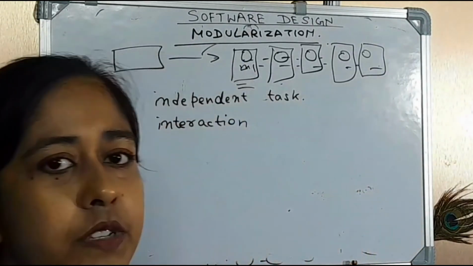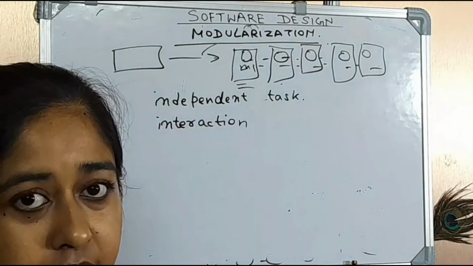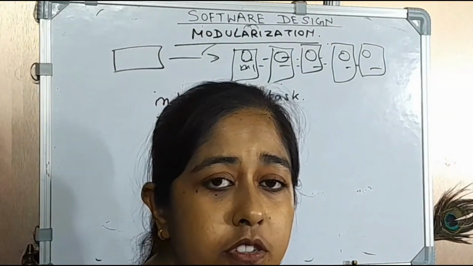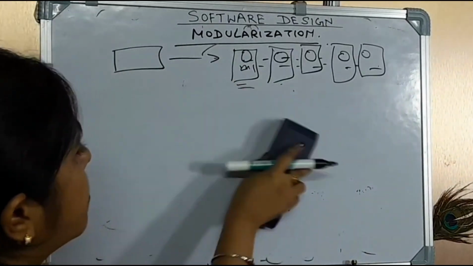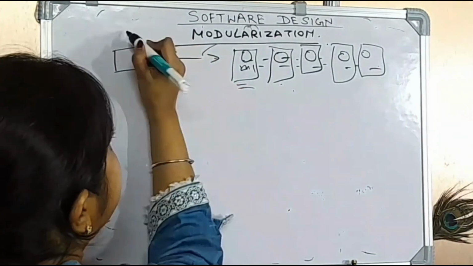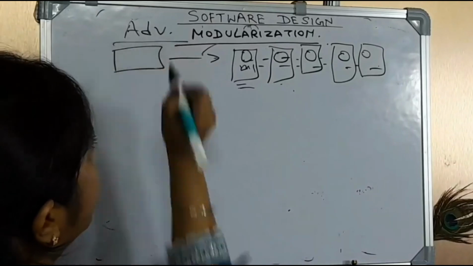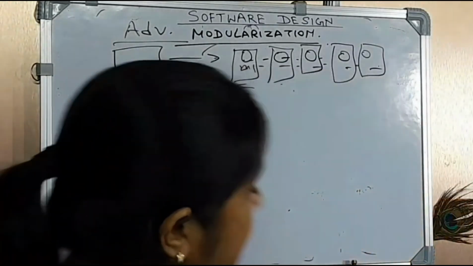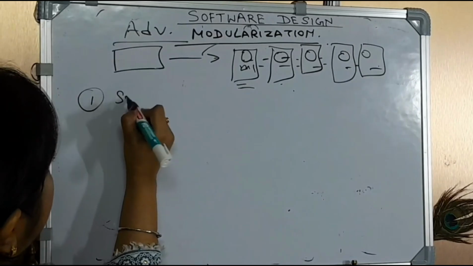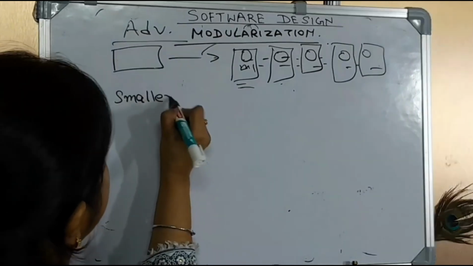In this aspect only you will see coupling and cohesion. Now why are we breaking this into modules? Let's see the advantages of modularization. First one is smaller components are better.